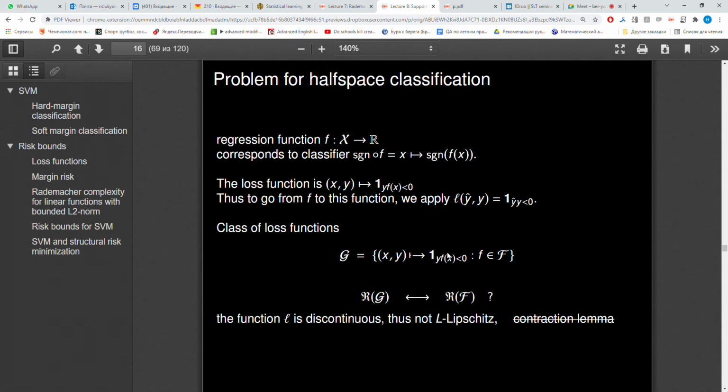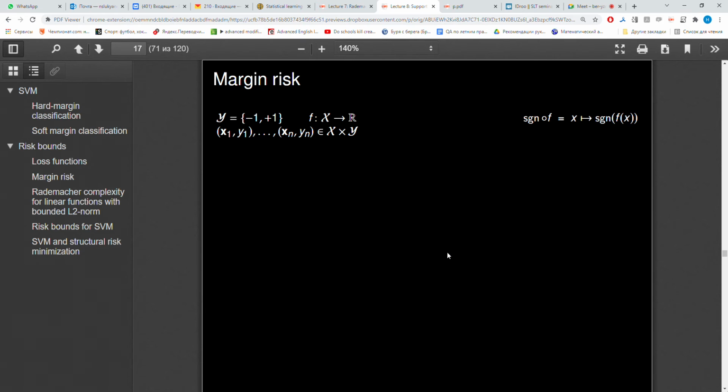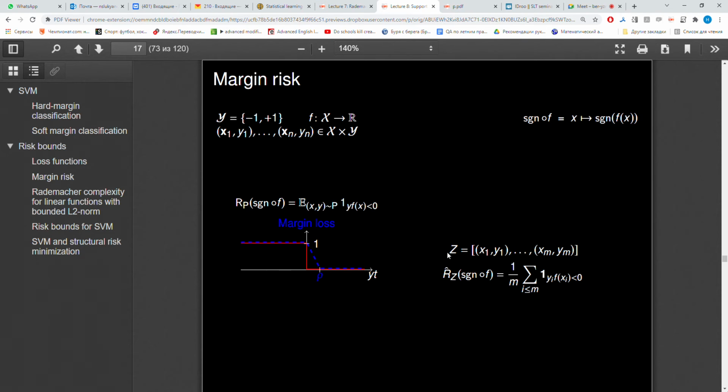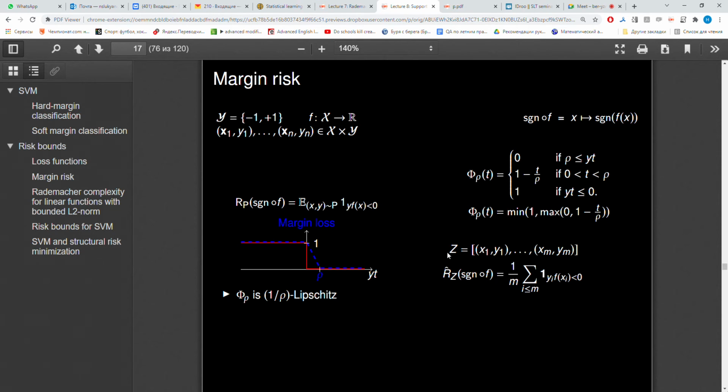So we can apply the contraction lemma, so we can give a good estimation and so on. This happens because if we talk about binary classification, for -1 and 1, or for 0 and 1, when we have half-space classifications, we can move x a little and change the value of the loss function significantly.